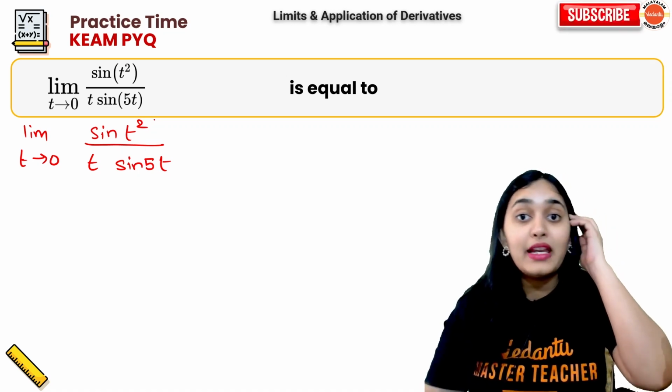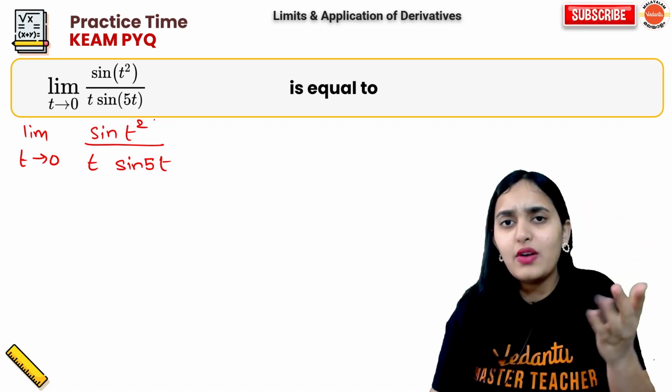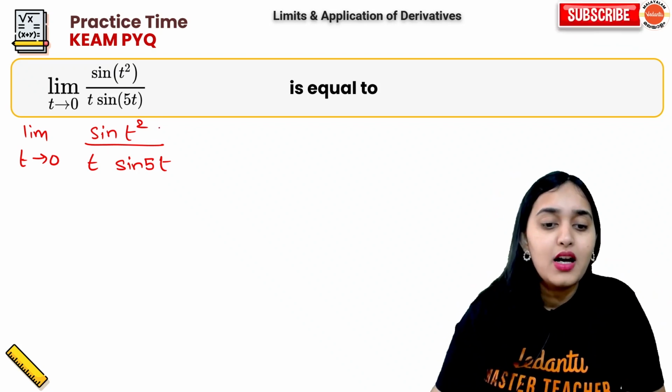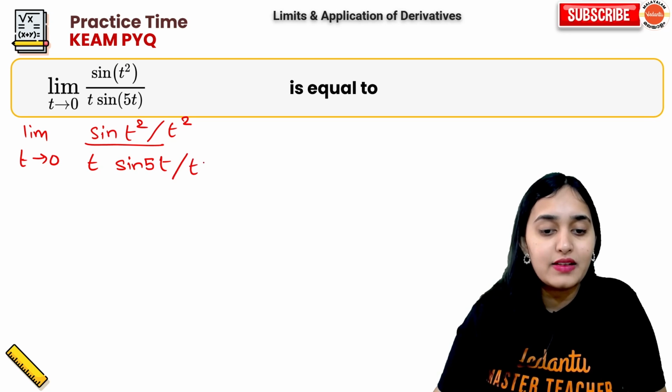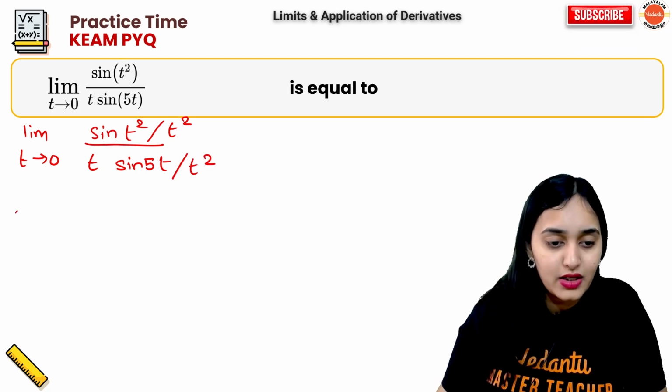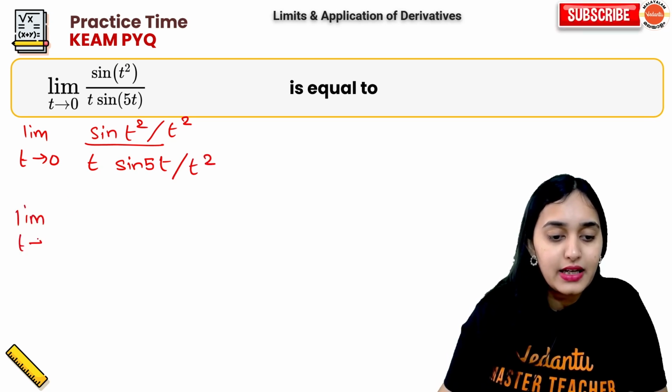Then only it can be 1. So let me divide it by t square and also divide the other part by t square. Let's see what happens.